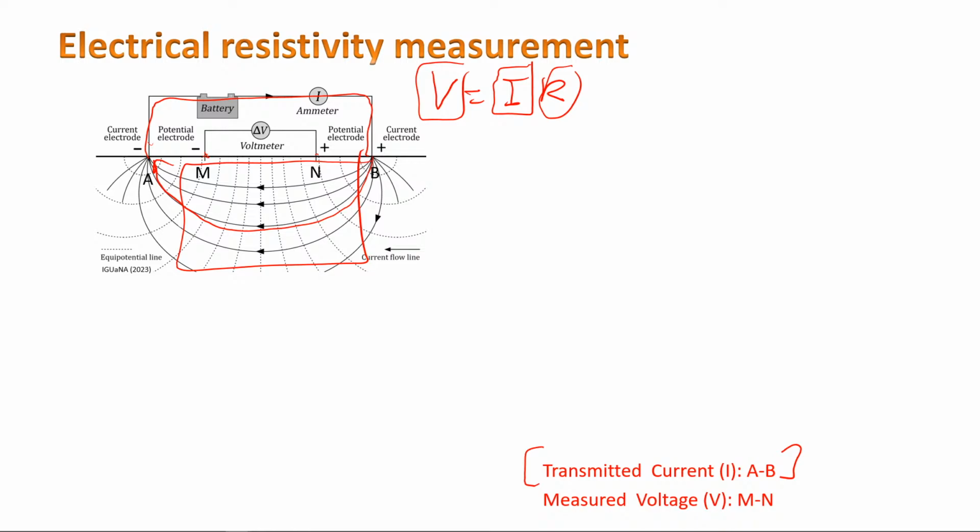Resistance has the unit of ohm, and resistivity has ohm meters as its unit. So you measure resistance and convert it to resistivity. It's a very simple principle: I send current, I measure voltage, and then I can calculate the resistivity in between. That's the idea in a nutshell.